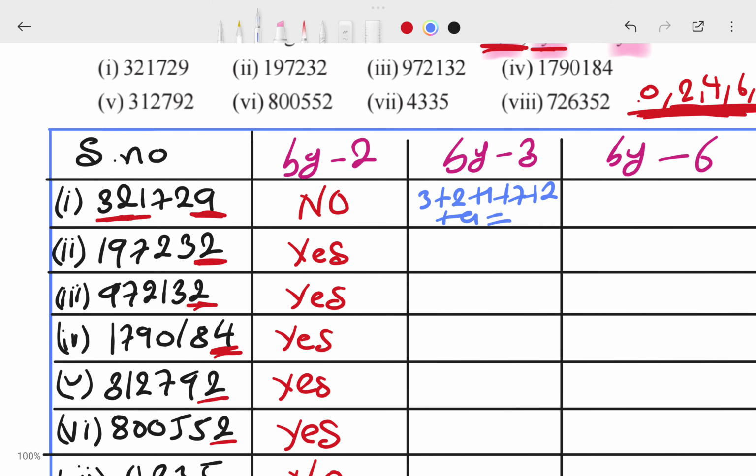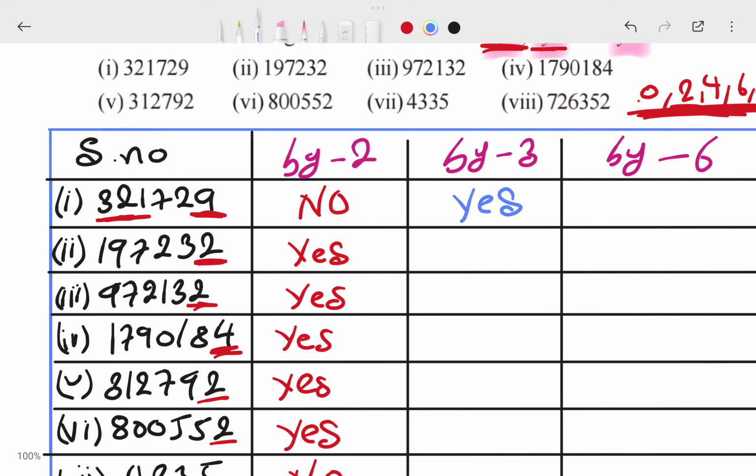It is going to be 5, 6, 6 plus 7, that's 13, 13 plus 2, 15, 15 plus 9, that is 24. Is 24 in the 3 table? Yes, 24 is in the 3 table. So this number is divisible by 3.